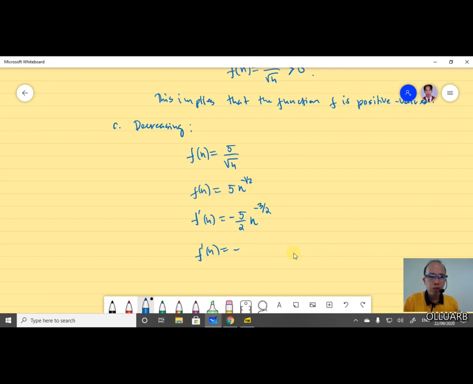This is negative 5 over 2 times the square root of n cubed. And this is always less than 0 for all n greater than or equal to 1, since if n is 1 the denominator is positive, and positive multiplied by a negative number is negative. So this is always less than 0.